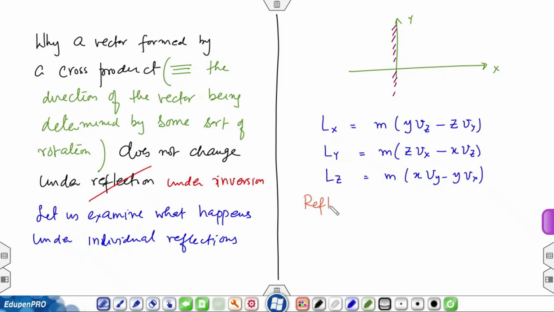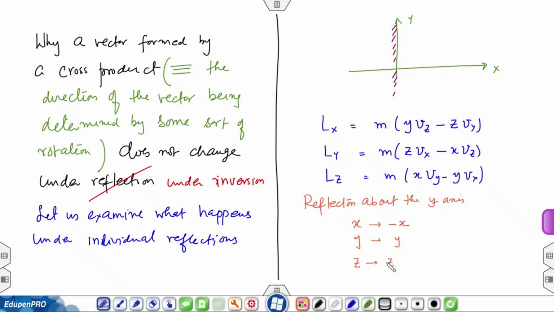Reflection about the y axis. What does this give me? This gives me x going to minus x, no matter which way you look at it, active or passive. And when I do it physically, I will explain this. Y going to y and z going to z.